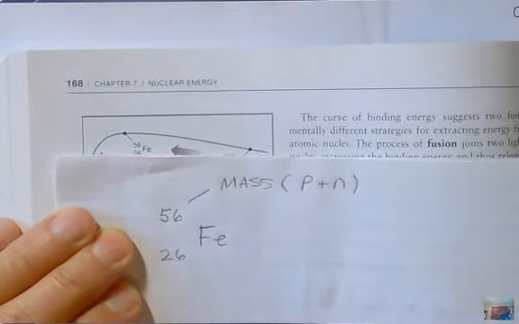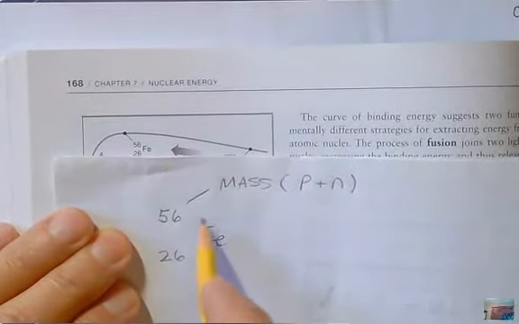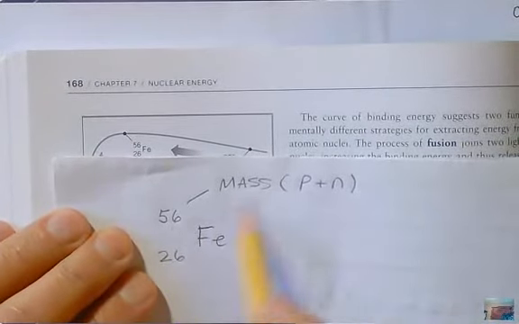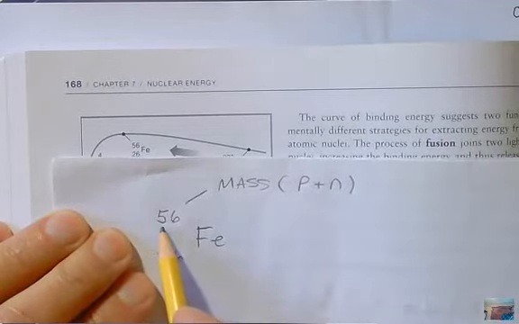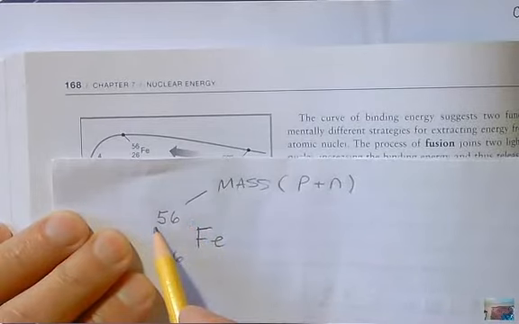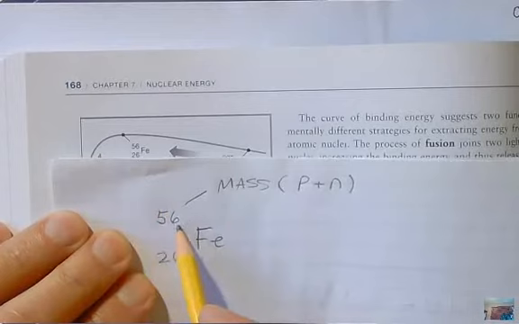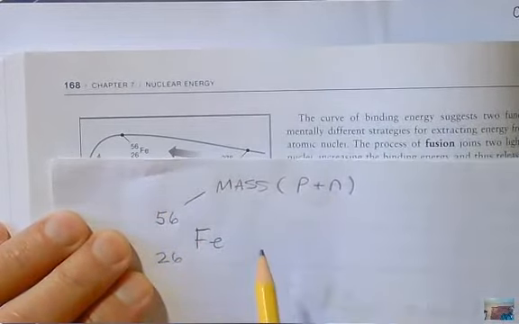We know that the protons are positively charged, so this nucleus has a positive charge, but we'll talk about that in a second, okay? So there are a combination of 56 particles in the nucleus, and they're about equivalent in mass. There's not very much difference between the mass of a proton and a neutron.